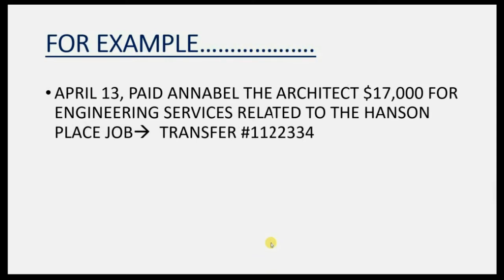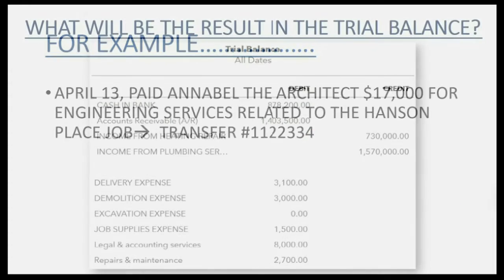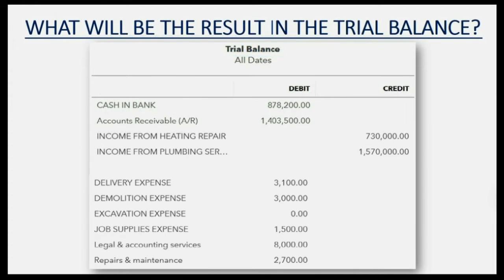Let's imagine on April 13th of 2025, we paid Annabelle the architect $17,000 for engineering services related to the Hanson Place job, and we paid with transfer number 1122334. So what will happen in the trial balance at the moment we record this typical but new expense?